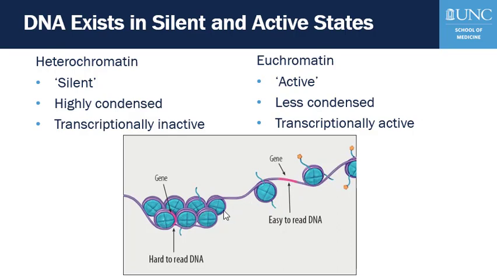So cells dynamically regulate this chromatin state, condensing chromosomes for easier segregation during cell division, then loosening and stretching out certain parts of the chromosome after cell division to allow for localized transcription of genes required for that particular cell type.